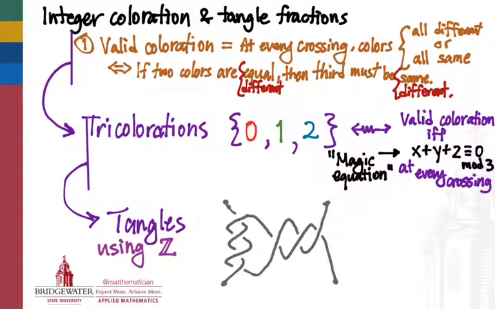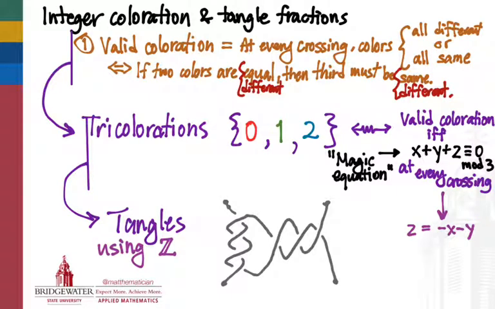And the observation that we had last time is that we can use this magic equation for colorations of knots as inspiration for how to color a tangle. And the way that works is if I solve this equation for one of its variables, let's say z, z equals minus x minus y.